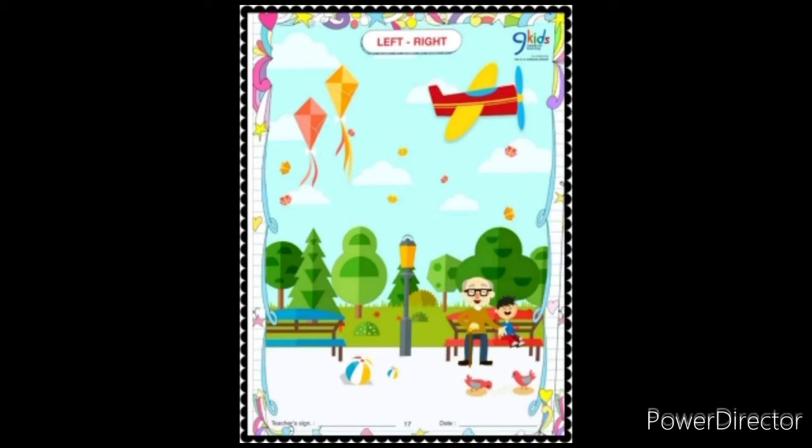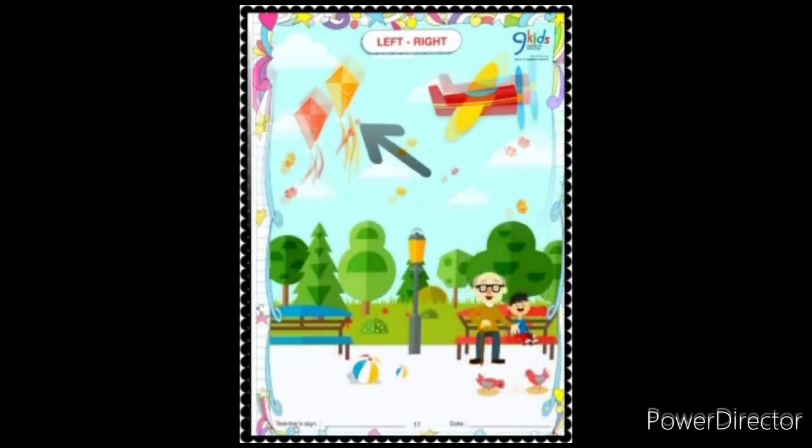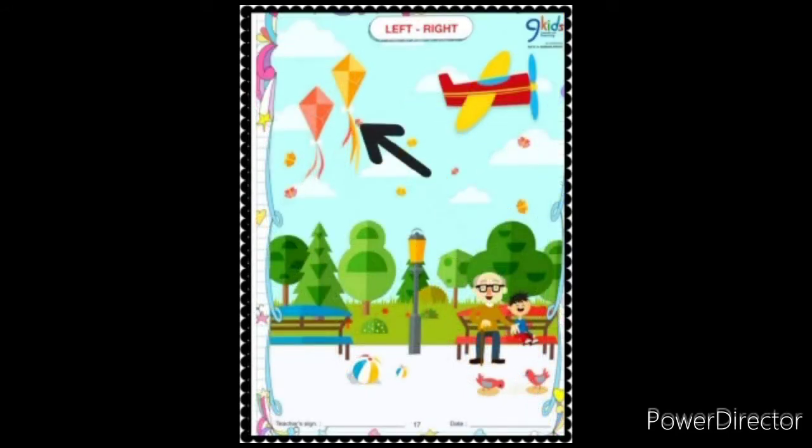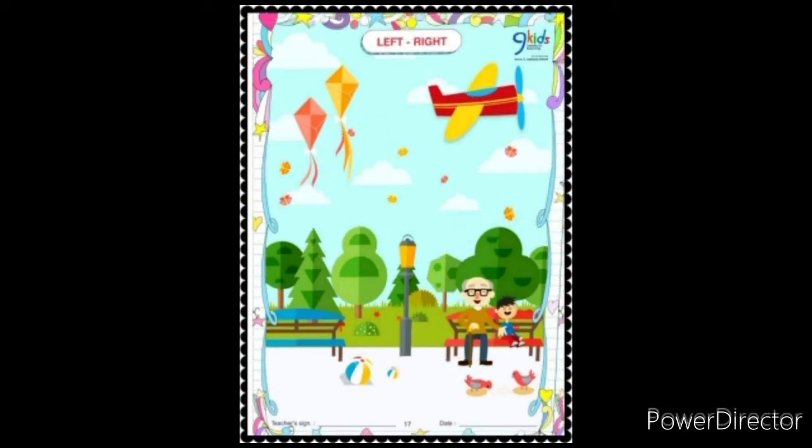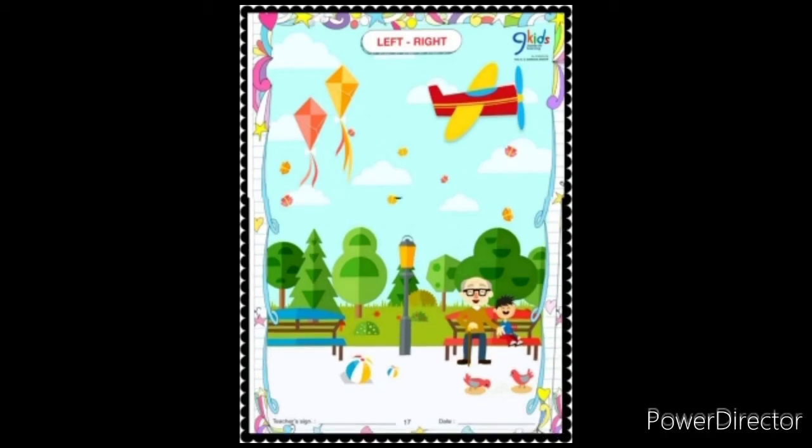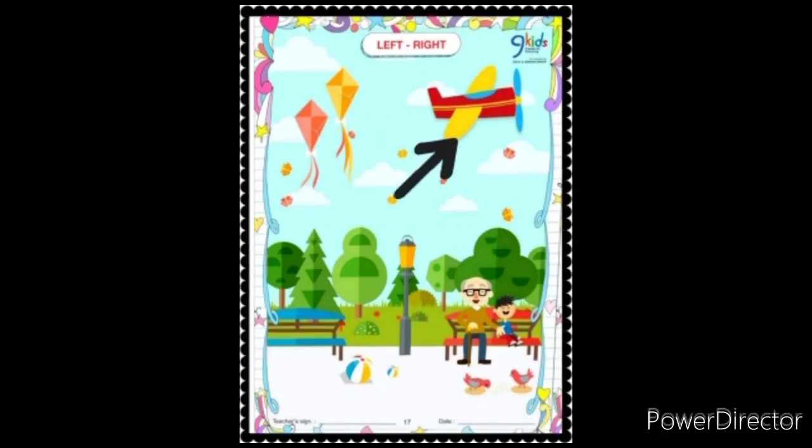Can you see the picture of kites? Yes, these kites are flying on the left side. Now, see the aeroplane? Yes, this aeroplane is flying on the right side. हाथ दिखाओ अपना right side.